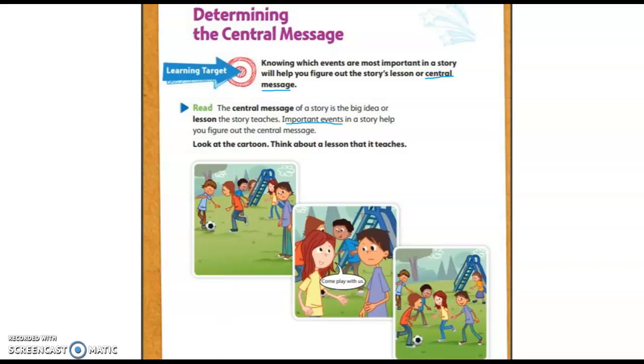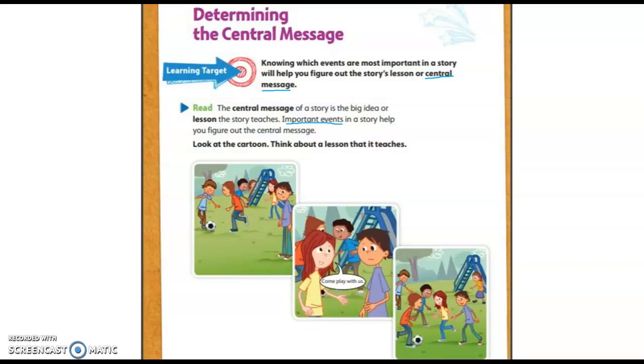So now let's look at the next picture. In this first picture, I can see this little girl looking at him. So she reacts by doing something. How does she react? She reacts or responds by going over to the little boy and saying, "Come play with us."